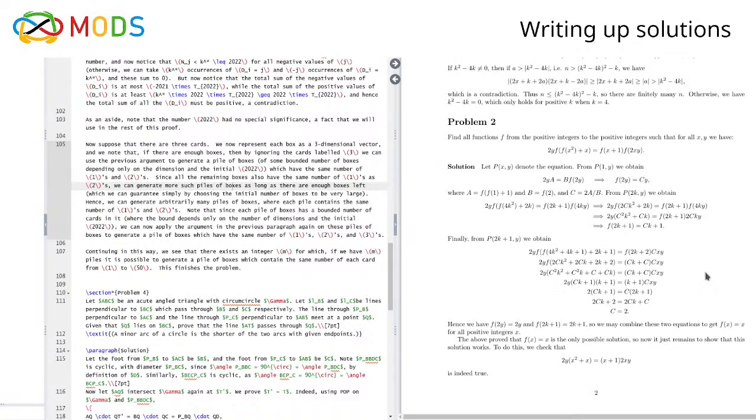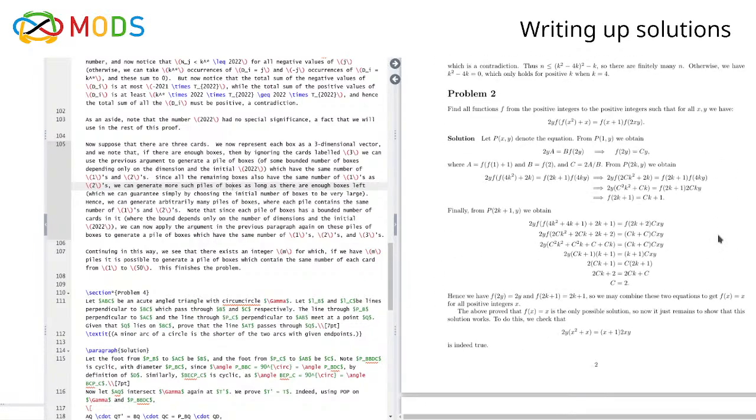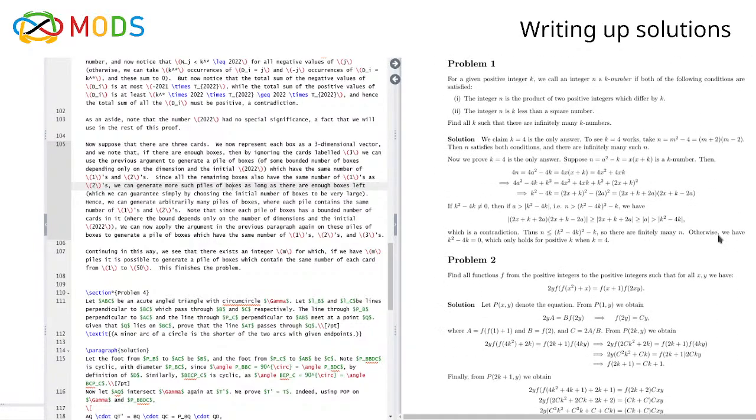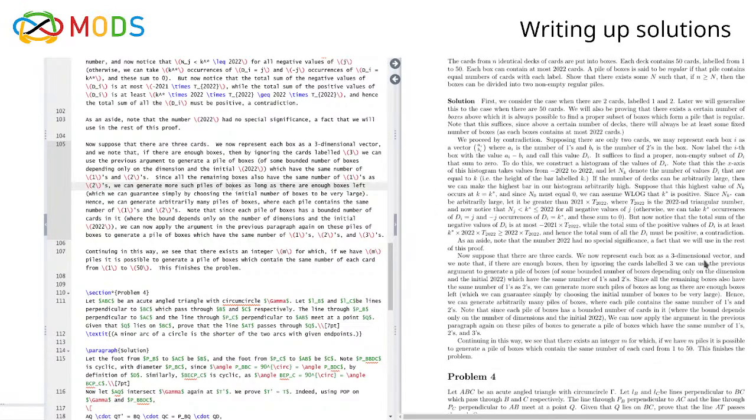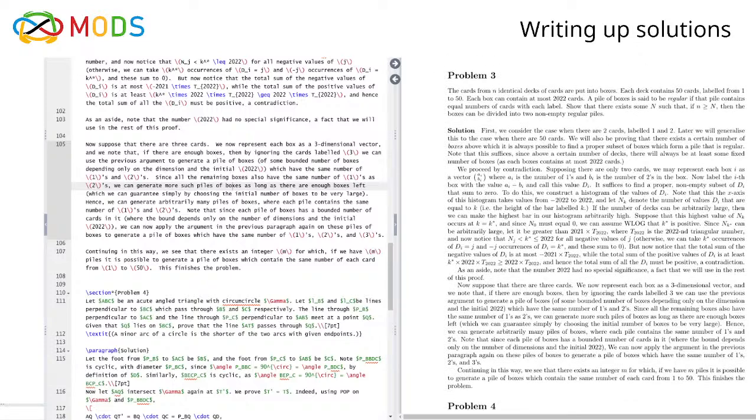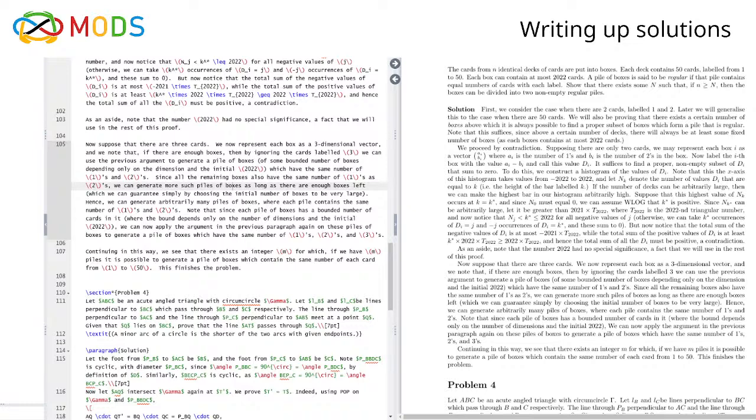Yeah. I think problem 2 is probably not D4. D4 is pretty easy. Okay, and then problem 3. I still think problem 3 could be a reasonable IMO2.